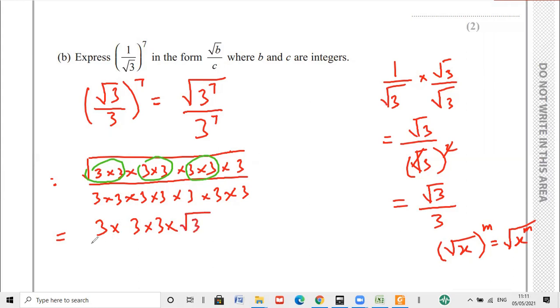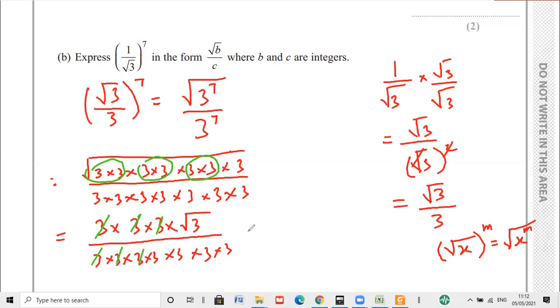And in the bottom, I've got 3 times 3 times 3 times 3 times 3 times 3 times 3. 1, 2, 3, 4, 5, 6, 7. And so what we can do now is cancel 3 with 3, 3, 3, this and this. So 3 out of these 7 3s get cancelled with the 3 3s on the top.